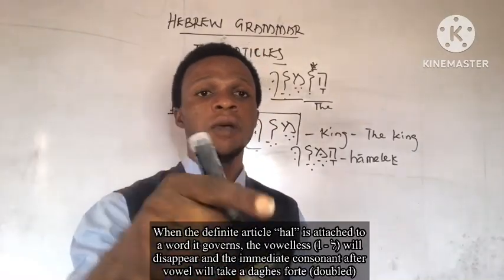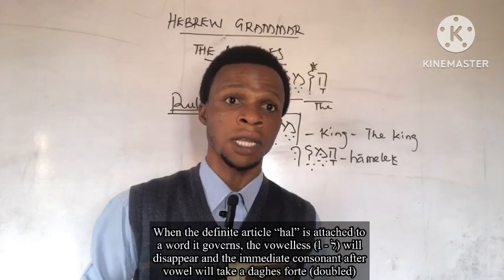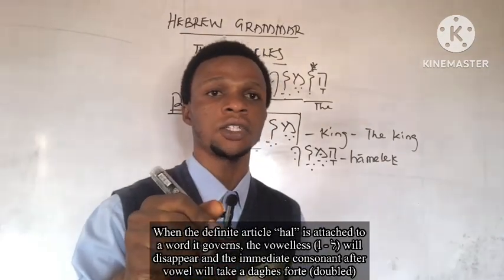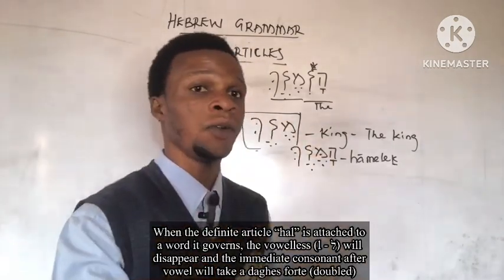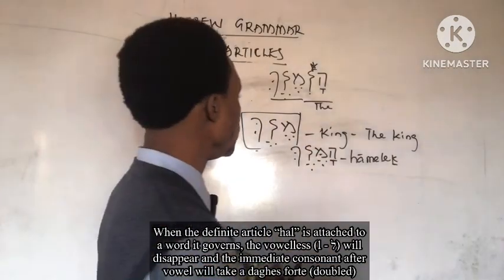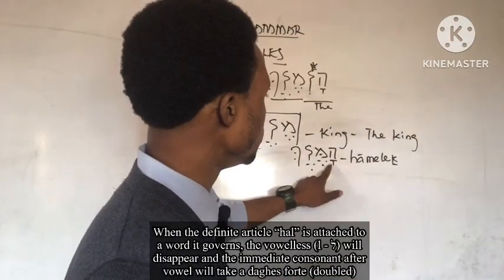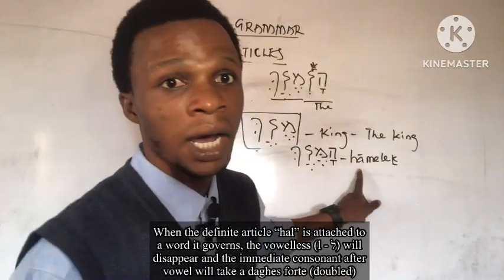But Dagesh Forte has different functions, and one function of Dagesh Forte is to compensate: when a letter is removed, the next letter will be doubled. That is what is being done here. The Lamed has been removed, so the next letter, which is Mem, is doubled. Thereby we have Melech.